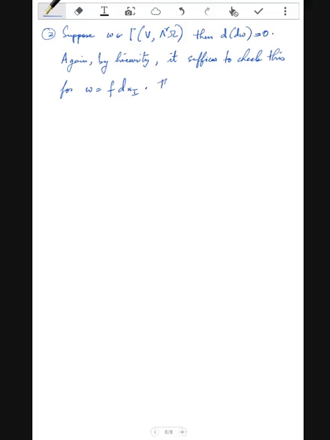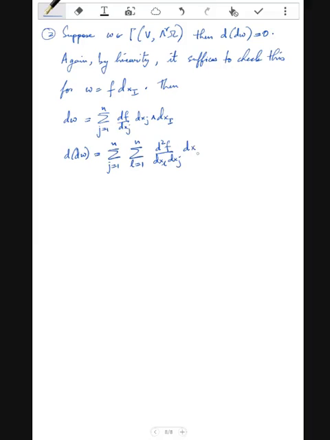So then d omega is equal to summation j equal to 1 to n df by dx_j wedge dx_i, and d of d omega is equal to summation j equal to 1 to n, summation l equal to 1 to n d square f by dx_l dx_j, dx_l wedge dx_j wedge dx_i.